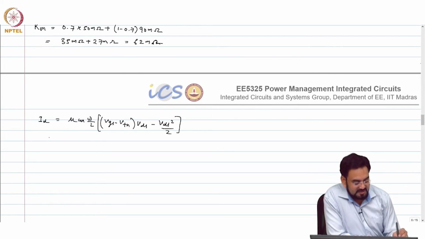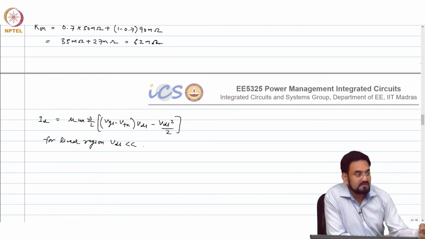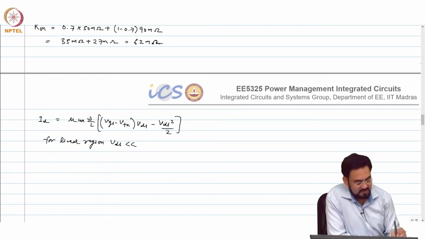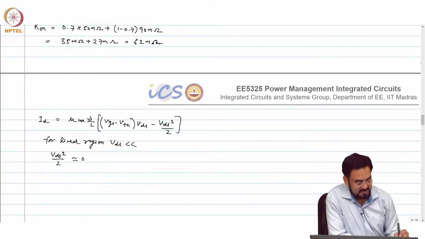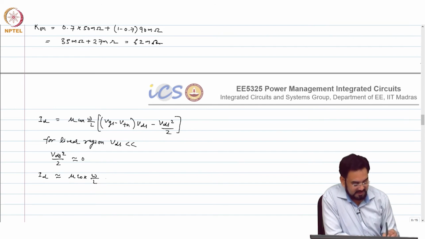So for triode region or linear region, VDS is very small, so VDS square by 2 is approaching 0. So we can neglect that square term. So your ID is nothing but mu C ox W by L VGS minus VTH.